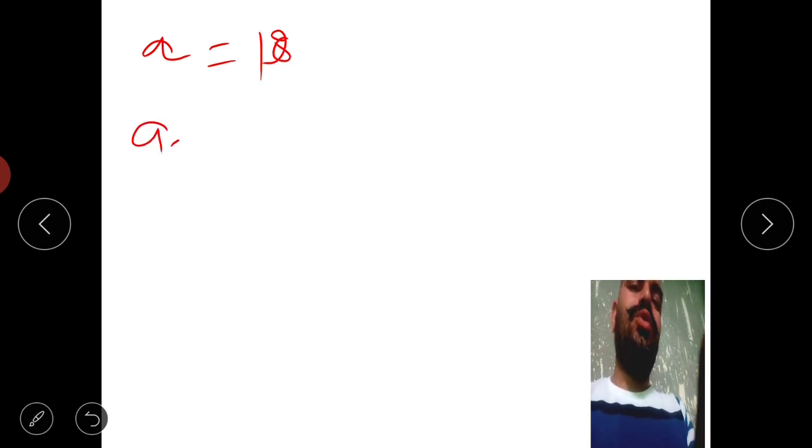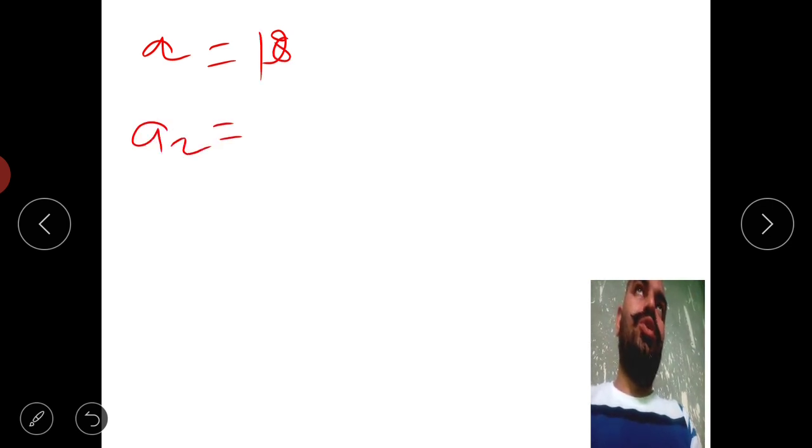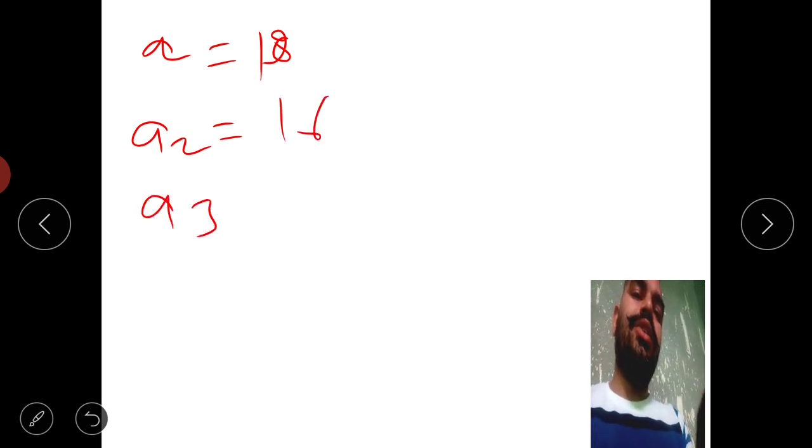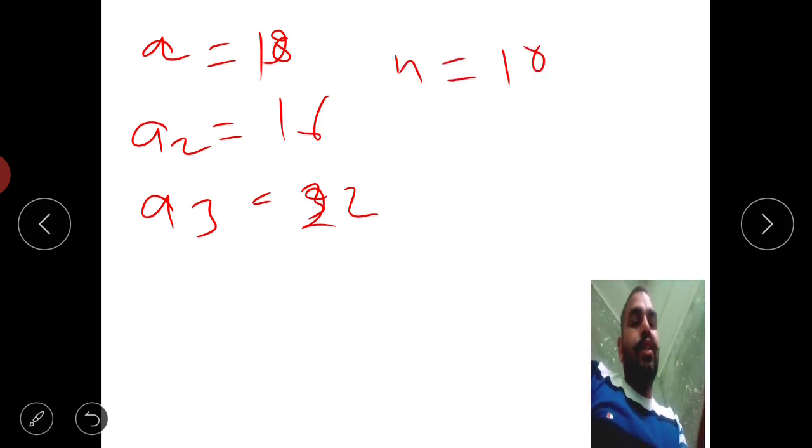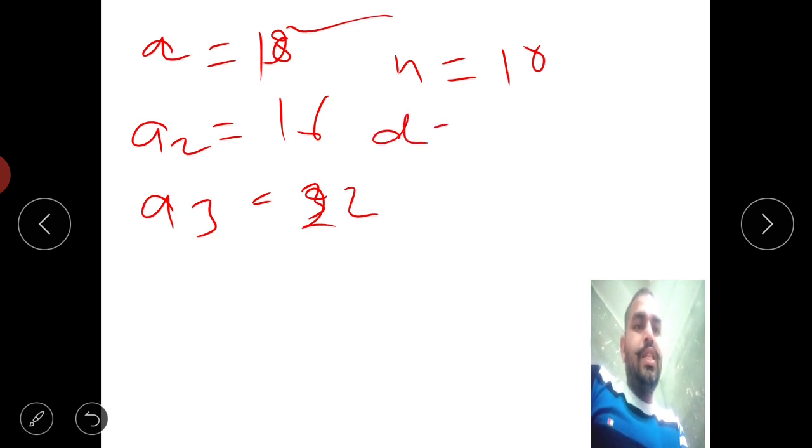Second, a2 is equal to 2 into 8, 16. Third, a3 is equal to 2 into 11, 22. The first term is 10, 16, 22 and n is equal to 10. So a is 10. What is d here? d is 6.